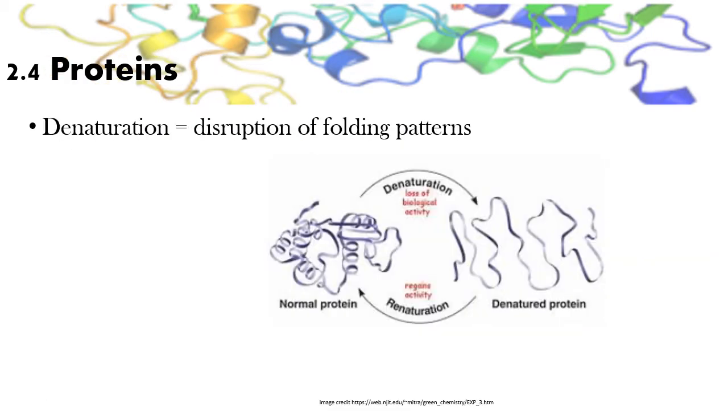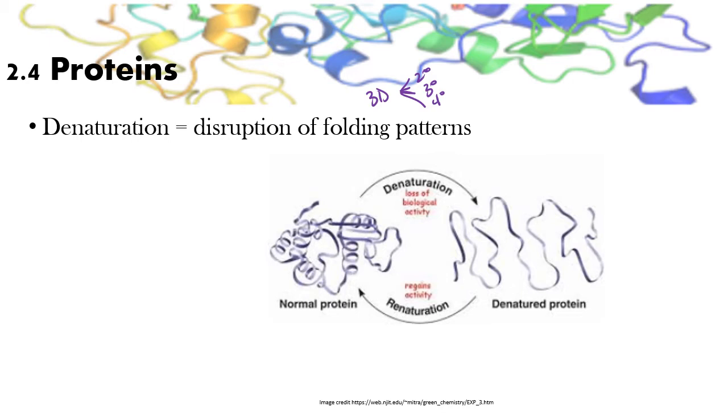Denaturation is something that can happen to proteins when we mess up how they fold. The three-dimensional structure comes from secondary, tertiary, and quaternary structure combined.